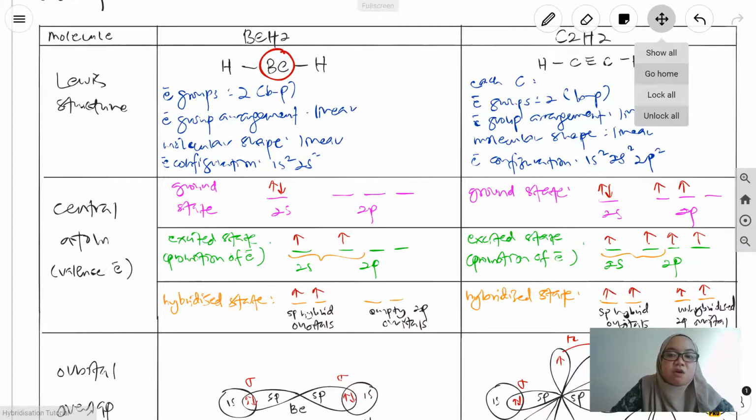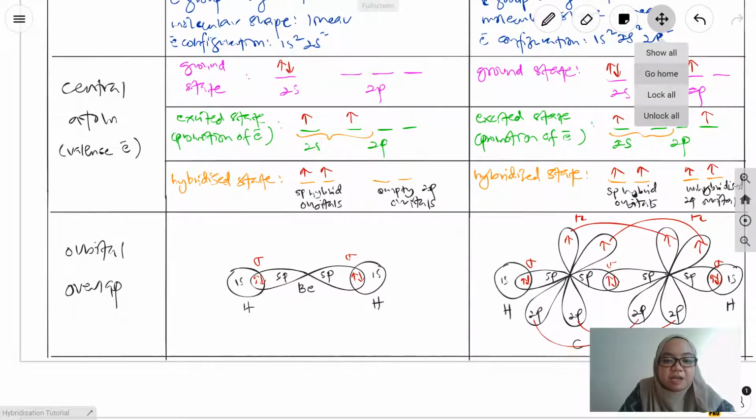When we draw the orbital overlapping, we draw it like this. Since sp hybrid orbitals are linear in shape, we draw it linear like this and label it sp, one sp and one sp. We have two sp hybrid orbitals here, and each sp hybrid orbital has one unpaired electron. Okay, and then look at the Lewis structure.